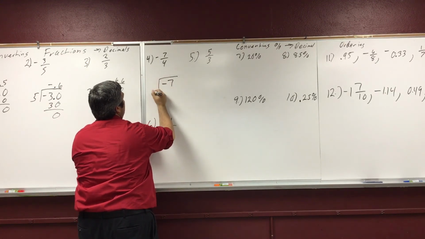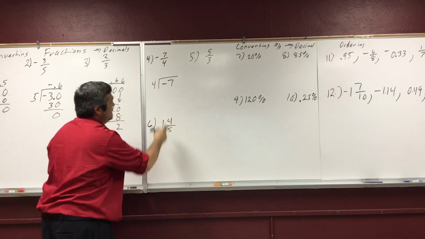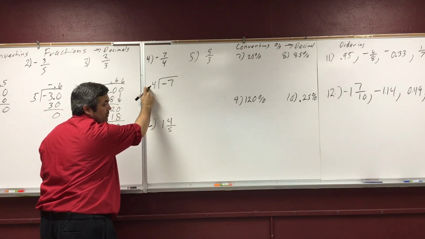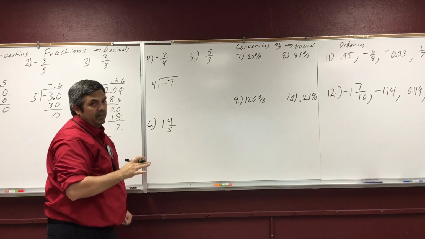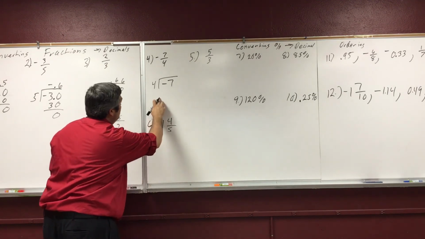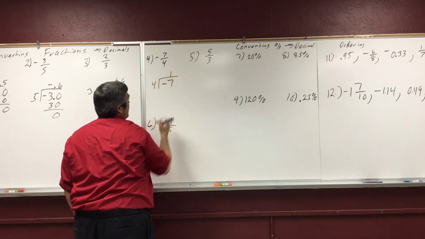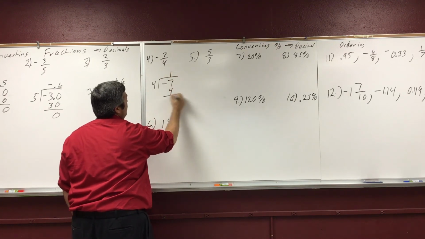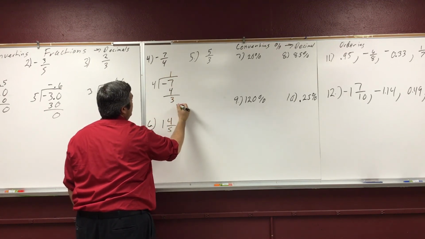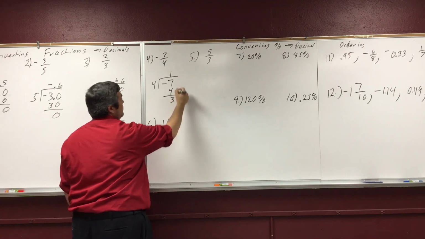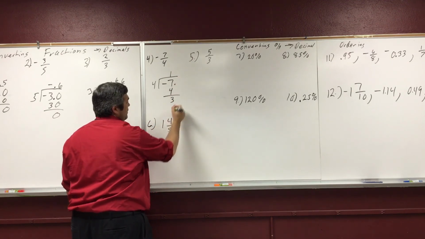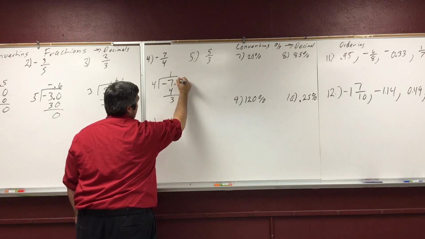All right, so same thing here. -7 divided by 4. If I don't want to put that negative out here, I can put it out here. It wouldn't make any difference as long as there's only 1 there. So how many times does 4 go into 7? Well, 1 time. Bring down the 4, do 3. Now I've got a remainder, so I'm going to put a little dot here, 0.